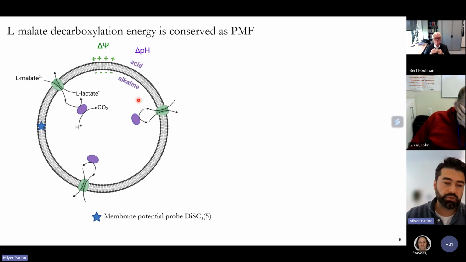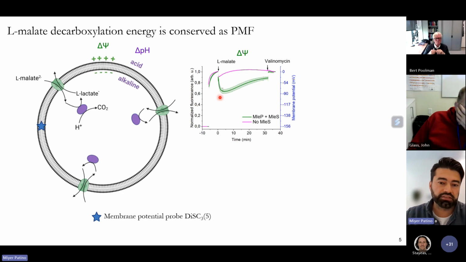To test that, we used a fluorescent probe to test the membrane potential. This fluorescent probe diffuses in the membrane of the lipid vesicle and reports the formation of a membrane potential as a fluorescence quenching event.